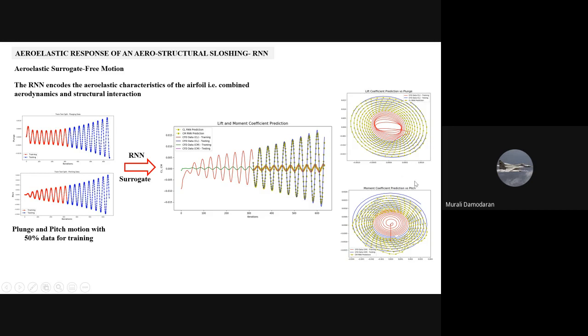Okay. So here you can see that in the initial period, the predictions are all good even for the moment. But as you go outwards, this is the flutter region, you can see that the network is not able to capture the behavior quite nicely.